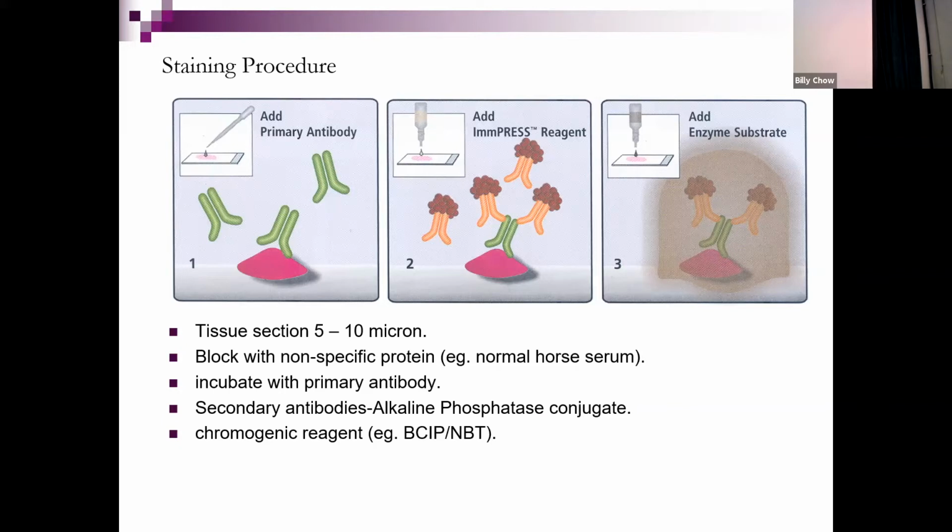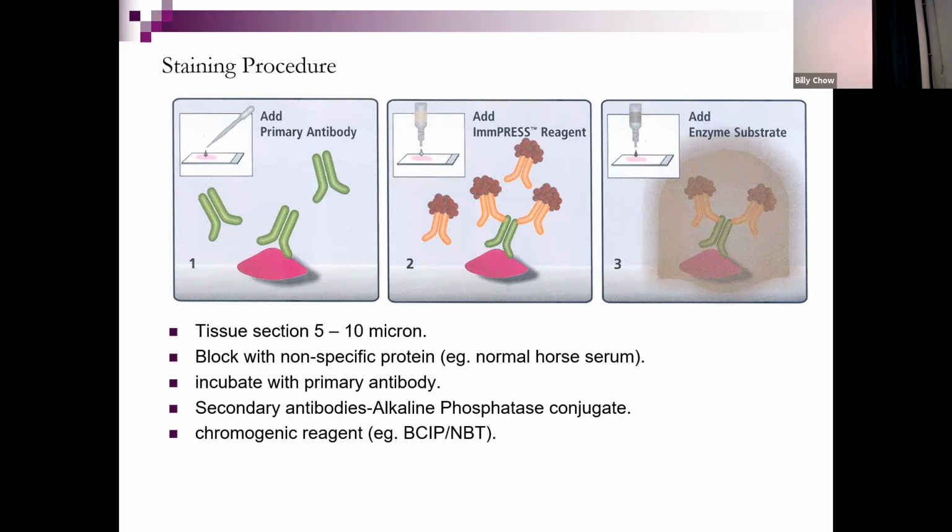This protein is considered foreign to that animal. And then it will generate antibodies against that protein. You can take the serum out from the animal and can purify the antibodies, or you can use the serum directly for detection of that particular protein. Okay, so this is the basis for all antibody techniques.